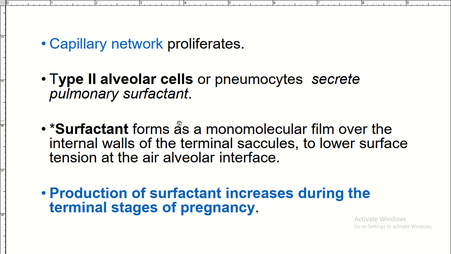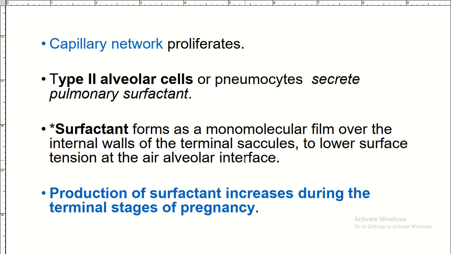So pulmonary surfactant is a phospholipid secretion that is responsible to lower the surface tension at the air alveolar interface. You understand? So surfactant prevents the collapse of your lungs or of your alveoli.